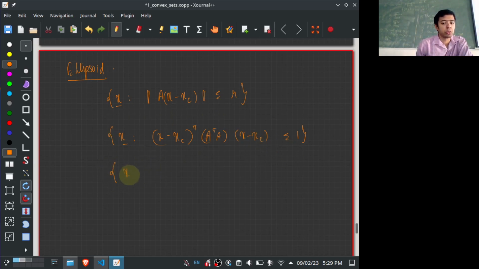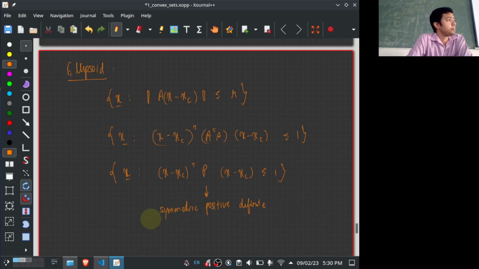And in fact, I'll take a slightly more general definition of an ellipsoid. An ellipsoid is the set of all points such that (x minus xc) transpose P (x minus xc) is less than or equal to 1 for a positive definite matrix P. So A transpose A is always symmetric.